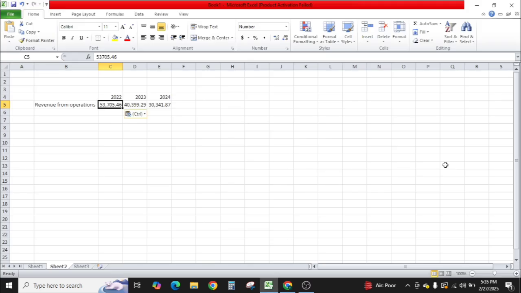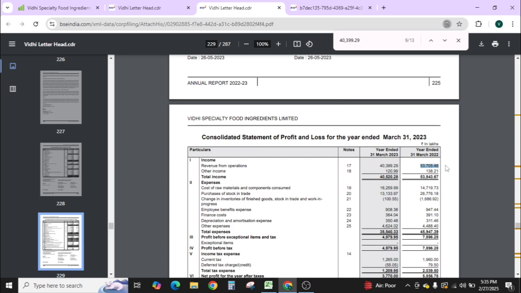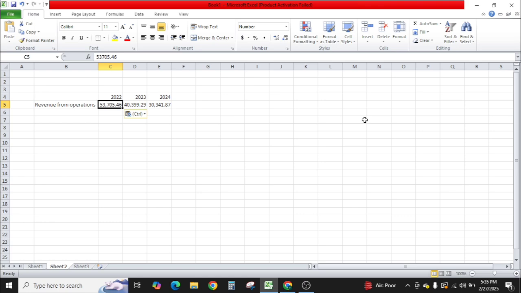So these are the revenues for Vidhi Specialty: 53705, 40399 and 30341. Now we need to calculate what is the manufacturing revenue and trading revenue.